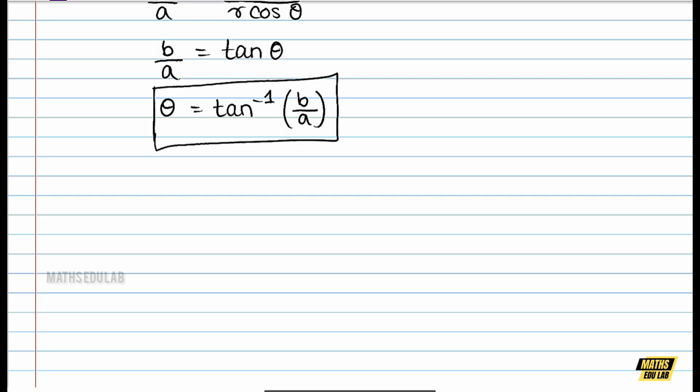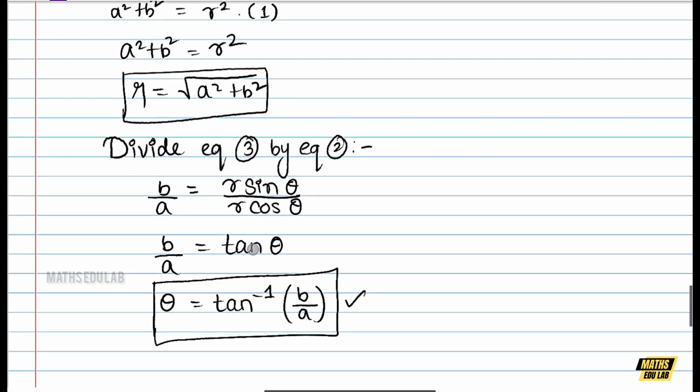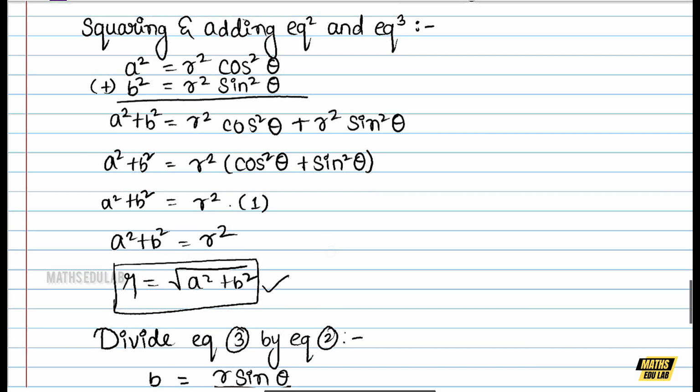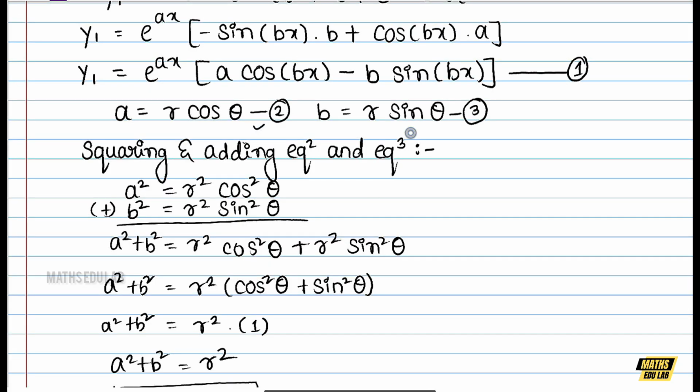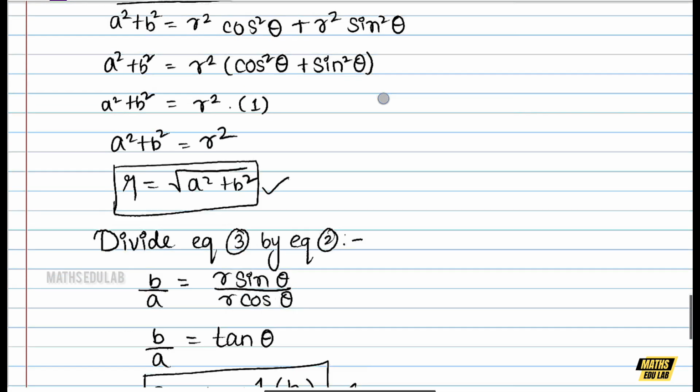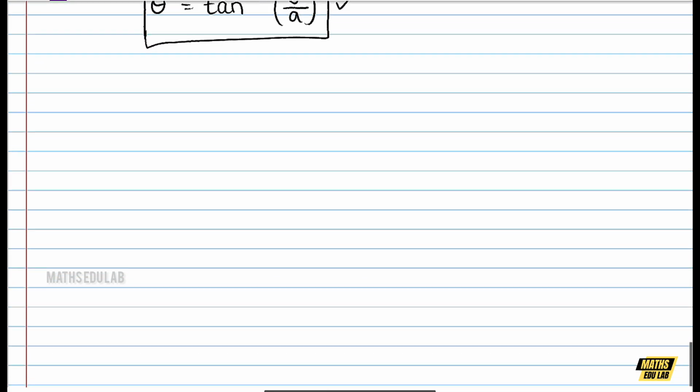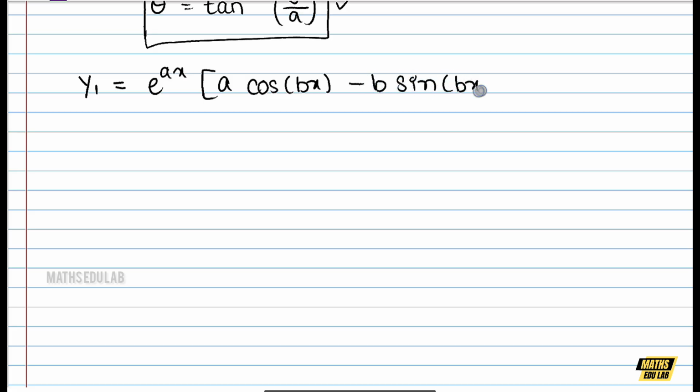Now we will put this theta value, and also the values of r, a and b in equation 1. So on substituting, I can write y1 equals e to the power of ax into a cos bx minus b sine bx. So this is our first equation.